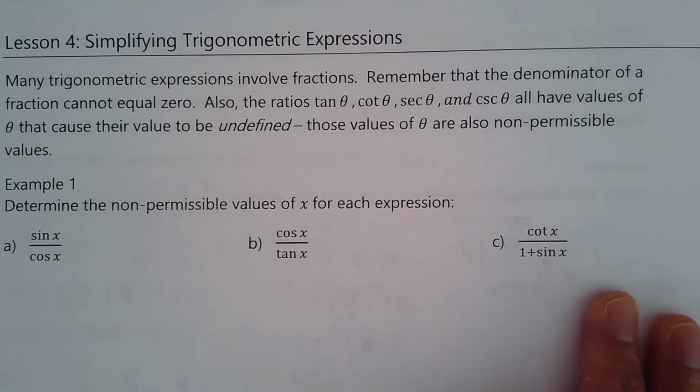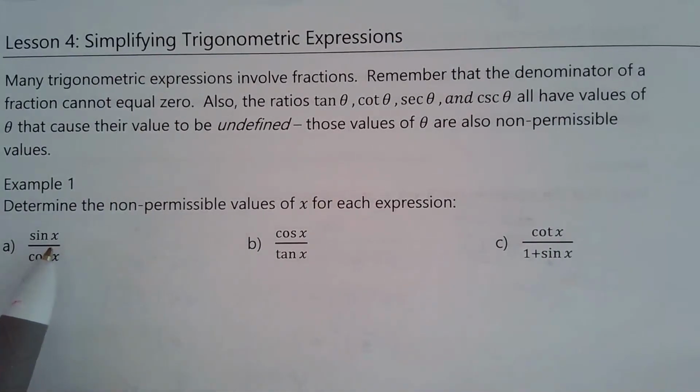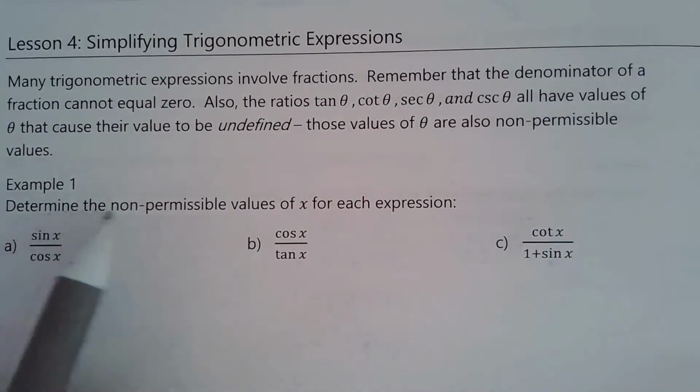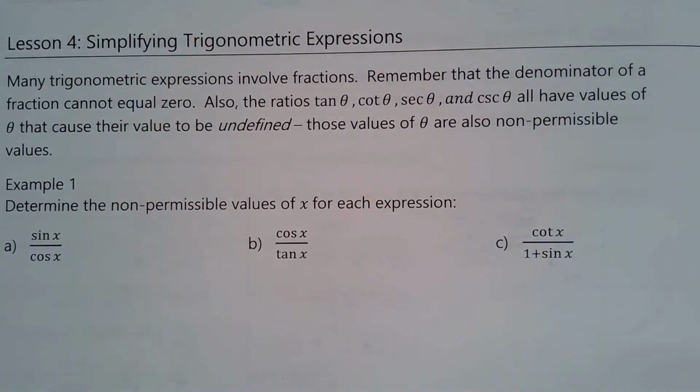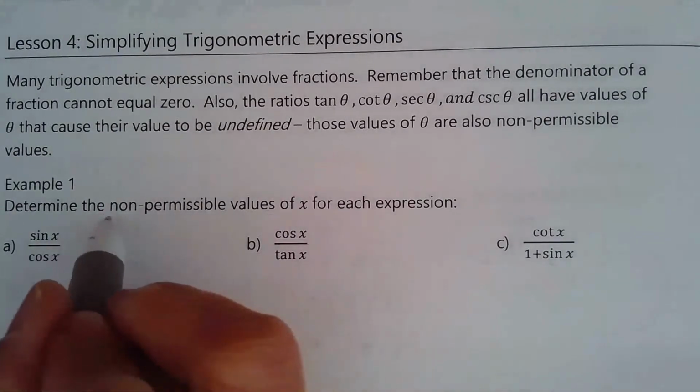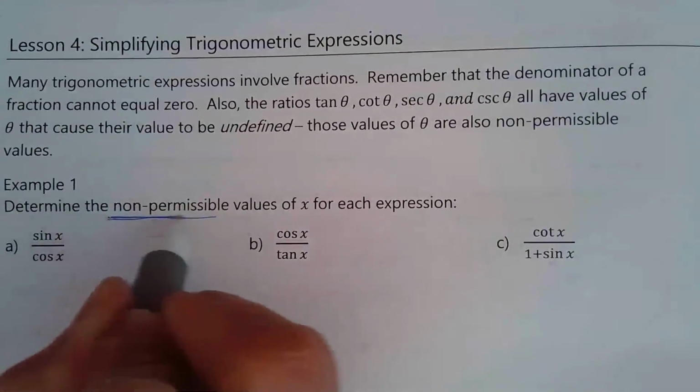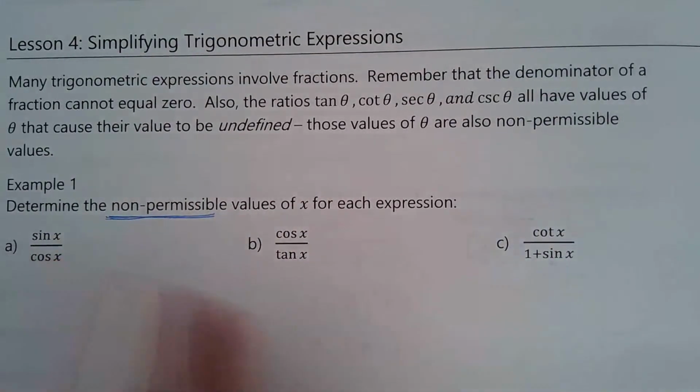So what we're going to do is determine the non-permissible values of each expression. Well, first one is to do the non-permissible value. What's a non-permissible value for this one in here?